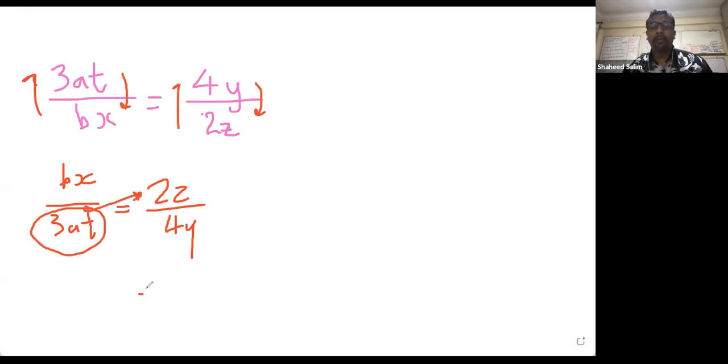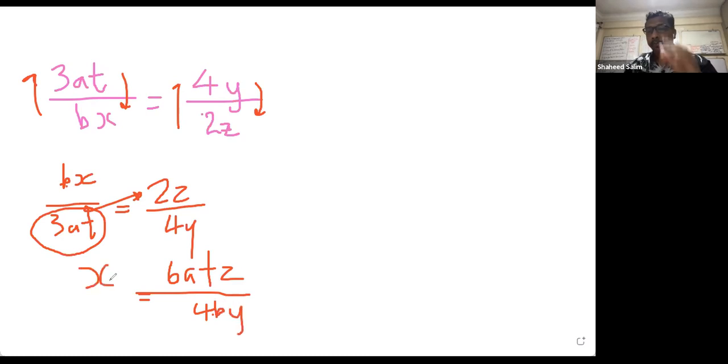When I bring up, it means times. 3 times 2 must get 6, Shafi'i. You don't put 3 2z, cannot. 3 times 2 is 6. Then you put 6az. Over 4y. And then remember, you're going to bring the b down, right? You push the b down, 4by. So x is equal to this.